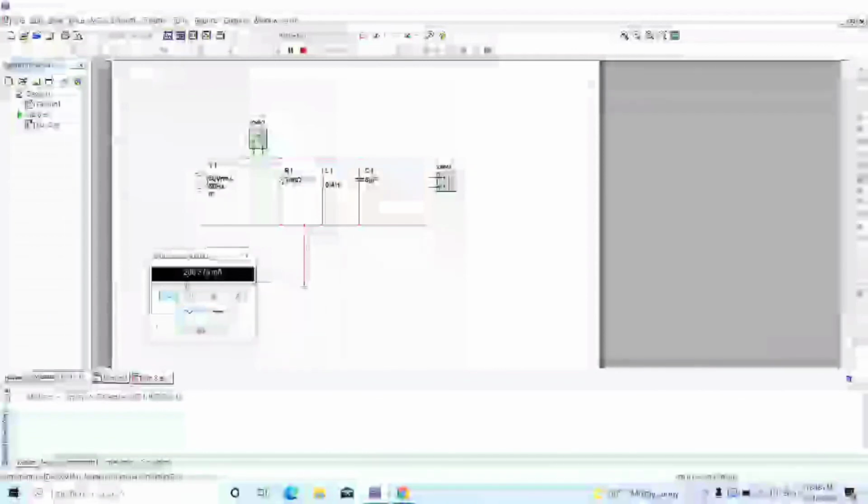Okay, the value of the ammeter, or the value of current, will change following the value of the load.